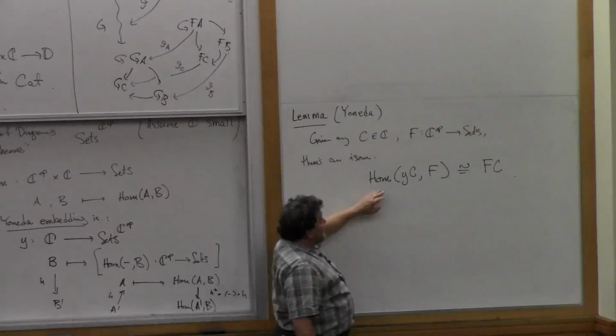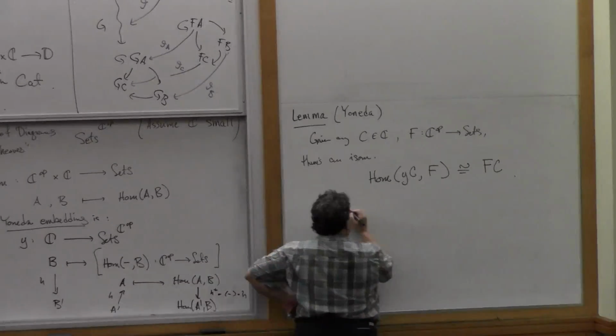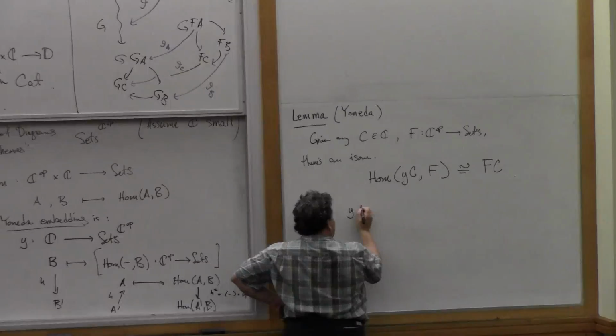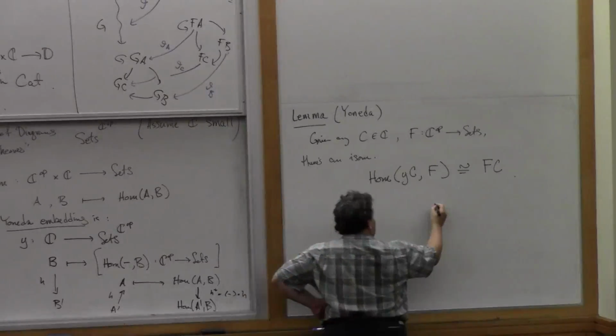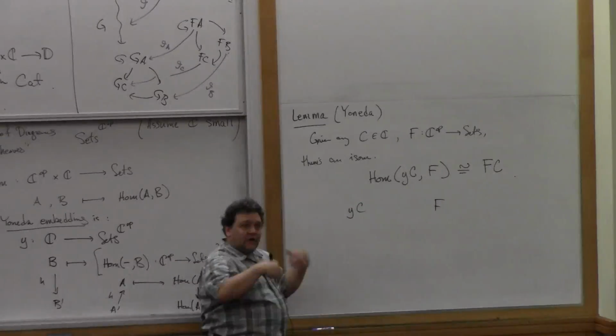So what it's telling me is this: here's my representable functor yC, and here's my functor F, right? And now these things have values for all objects.